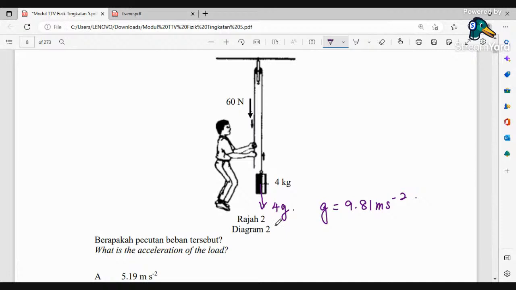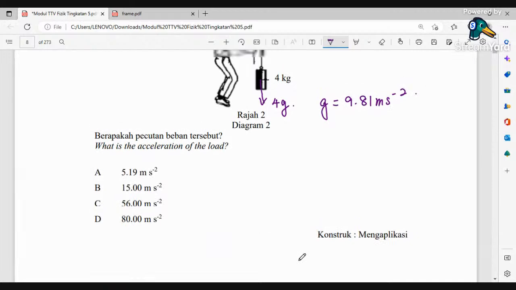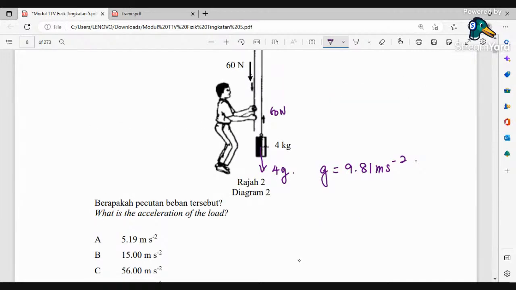If the person is pulling with 60 Newton, this object is moving upwards.